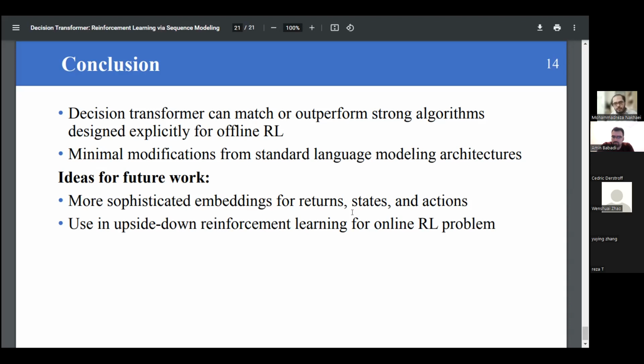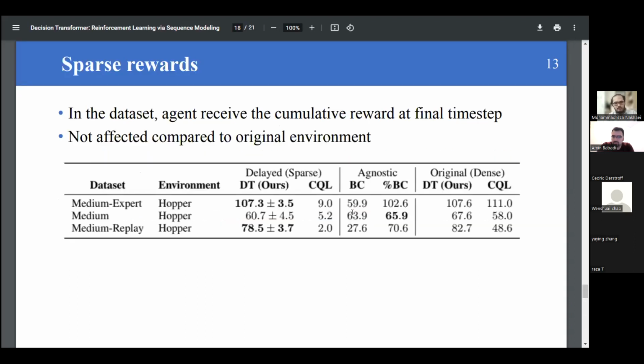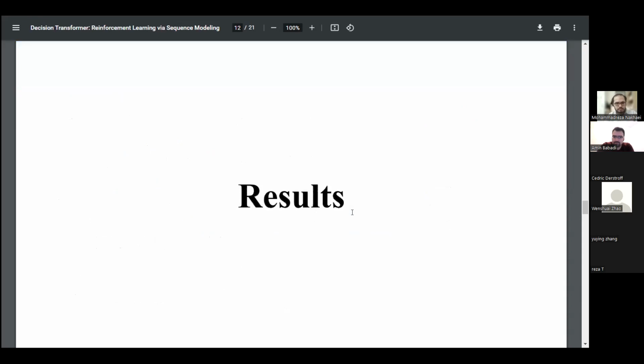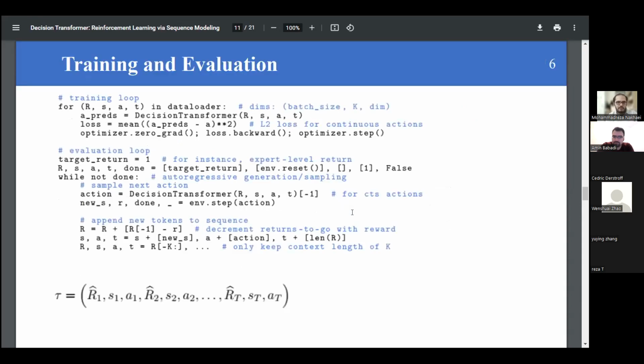Sure. So if I understood this correctly, this paper could be seen as a supervised learning paper, right? Exactly. Because we have a data set from, for example, DQN agents, and it is actually using simple supervised learning on a sequence-to-sequence model.